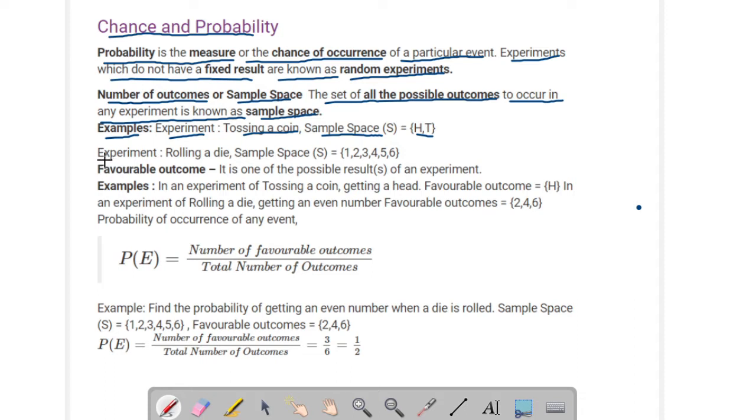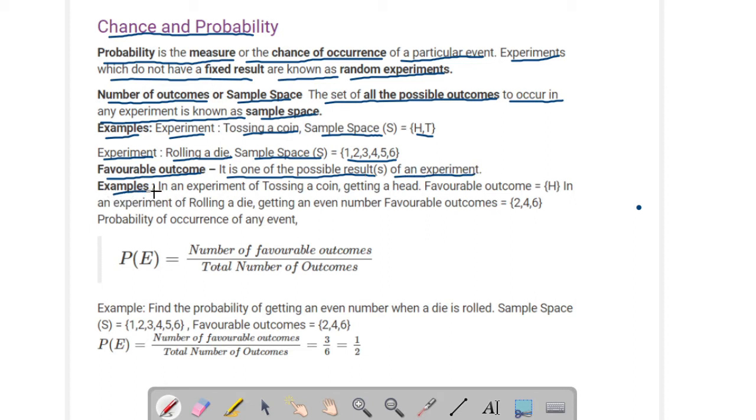Here the experiment is rolling a die. The sample space is 1, 2, 3, 4, 5 and 6. Favorable outcomes: it is one of the possible results of an experiment.